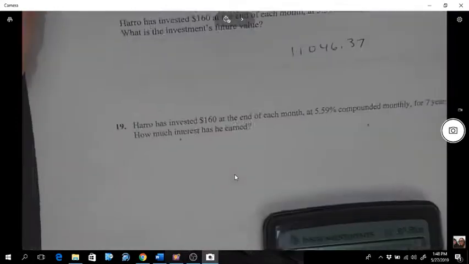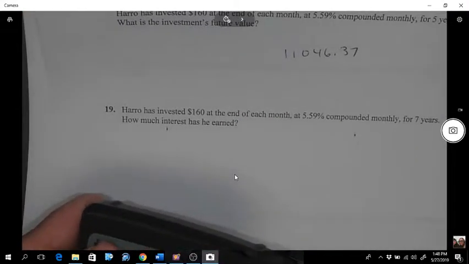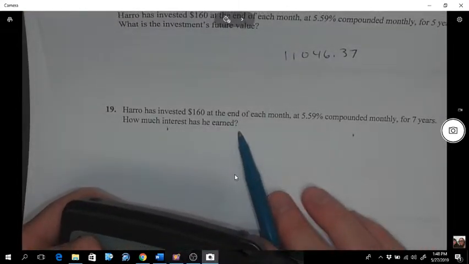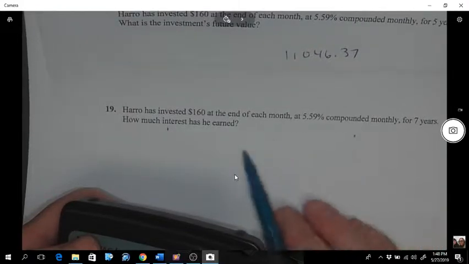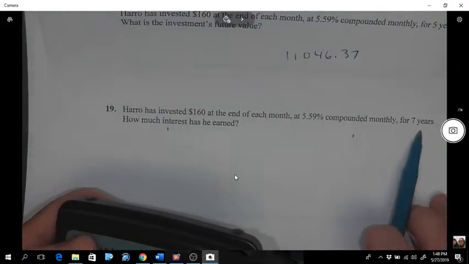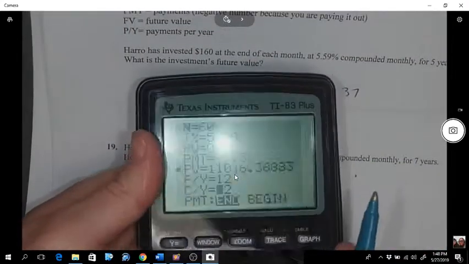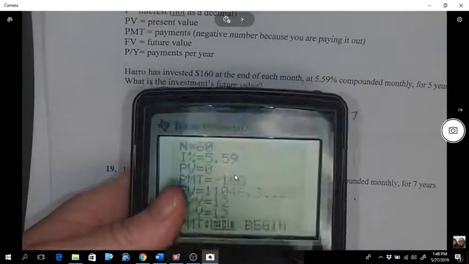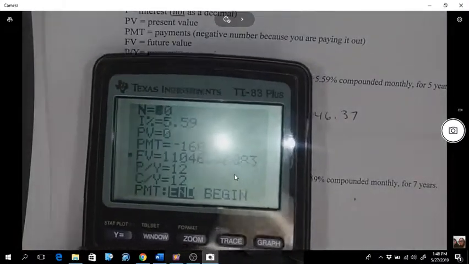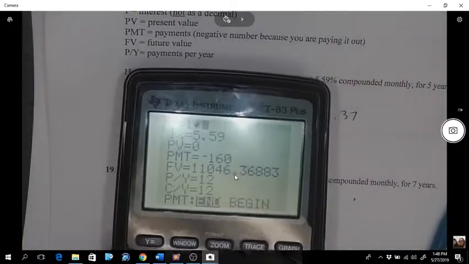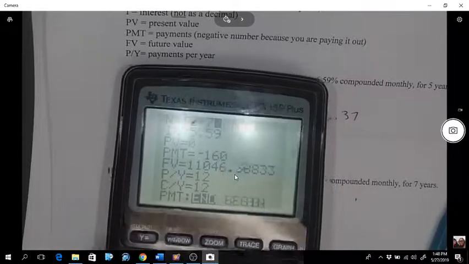Okay, number 19. So we're going to do this again, this time 7 years. So we invest 160 each month. So I'm going to go up here and change my N. So compounded monthly for 7 years.